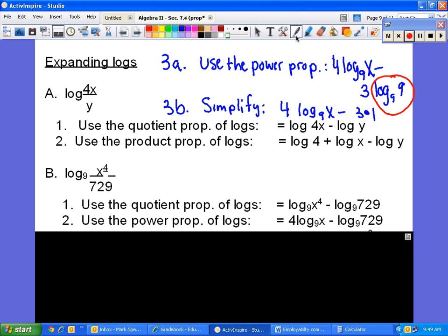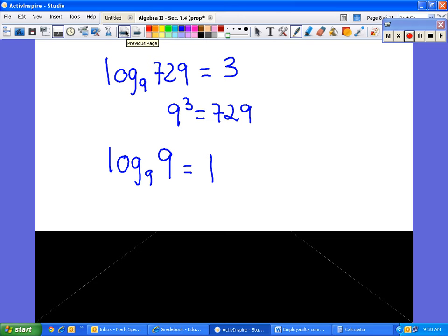Okay, now remember I talked about how if you can simplify, you must simplify. So this 729 sitting out there can be simplified. Ideally, you want to turn it into something with base 9. Now remember, what is a logarithm? A logarithm is a number raised to a certain power that gives you this value.